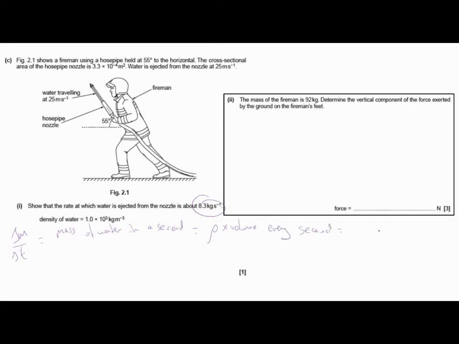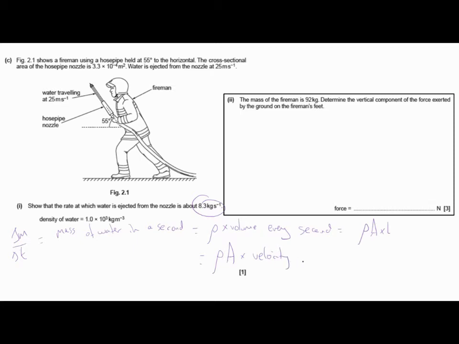So this is one way of thinking about it: the density times the area times the length per second. Or we could think of it as density times the area times the velocity of the water.